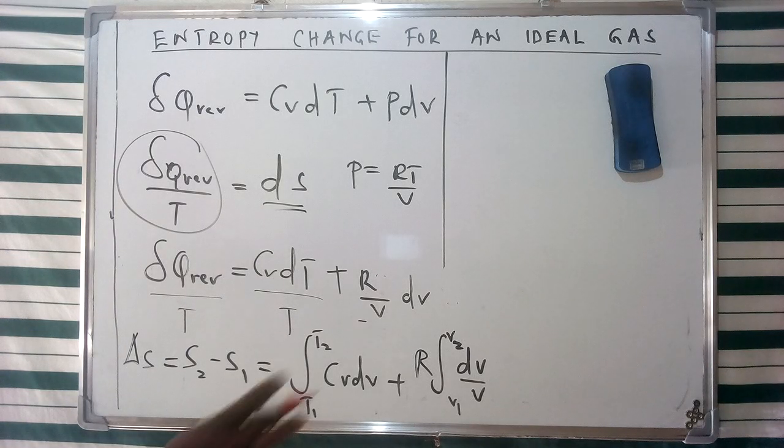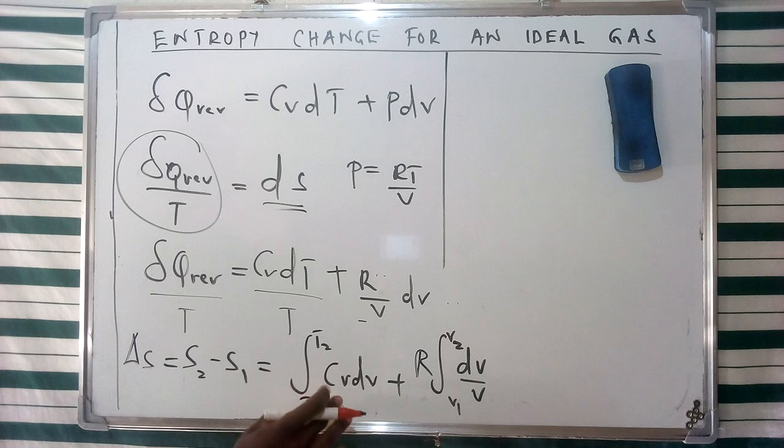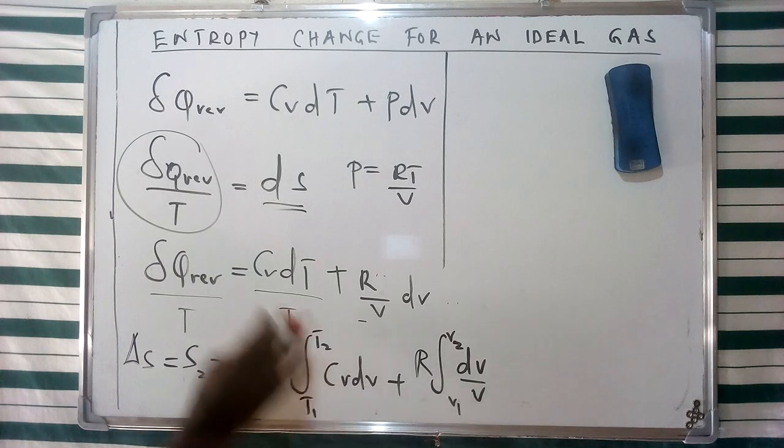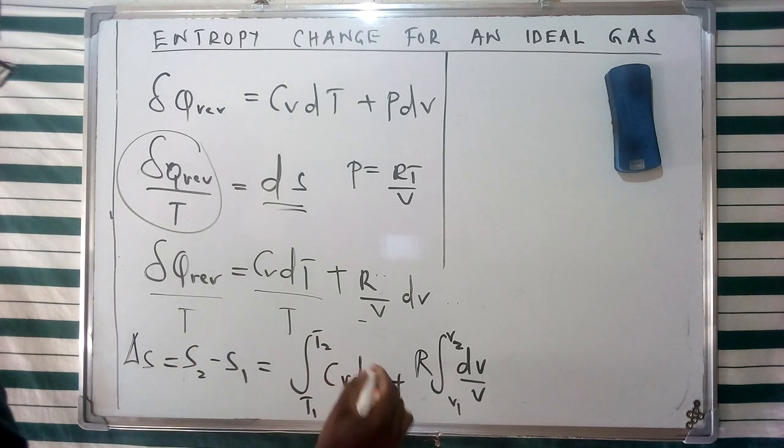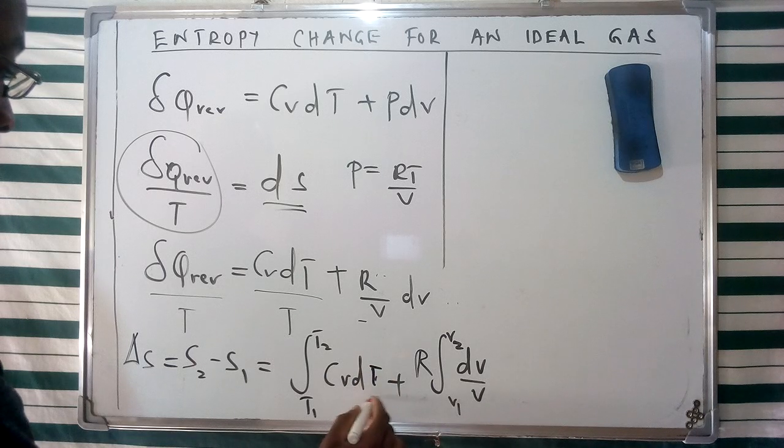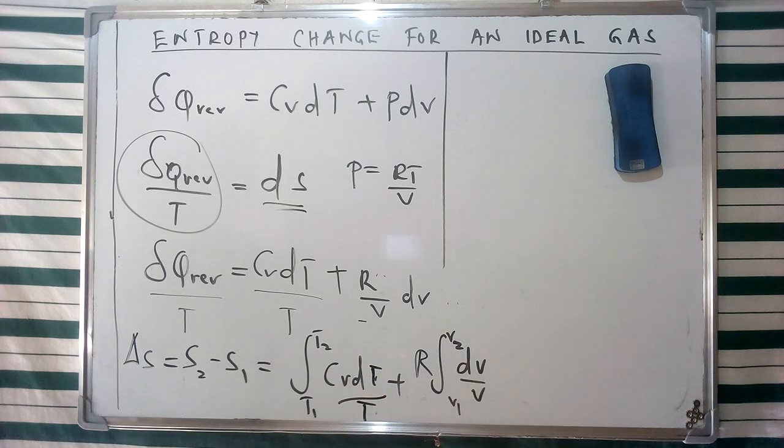So we can as well have a version of this specific equation, whereby the first bit of it was Cv dT over T, given as such.